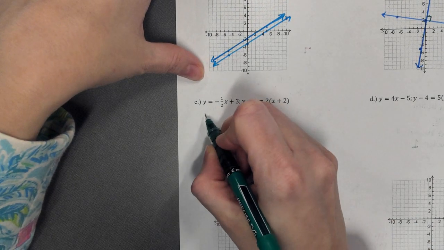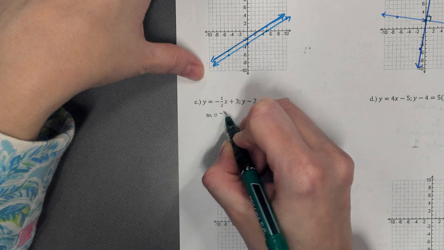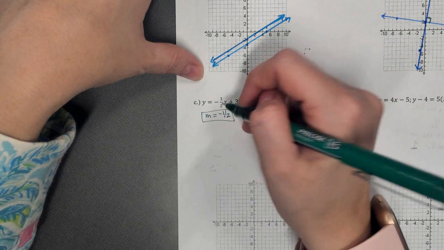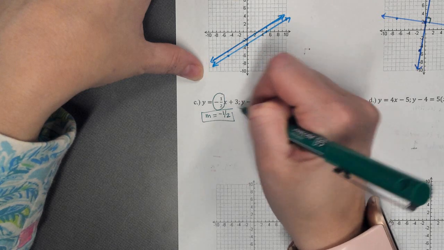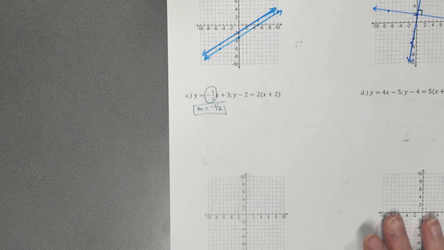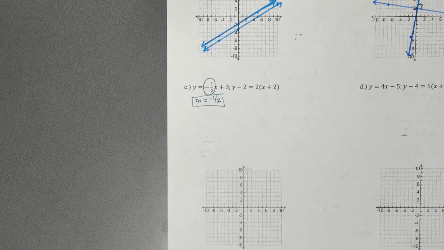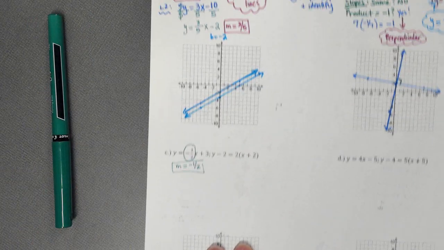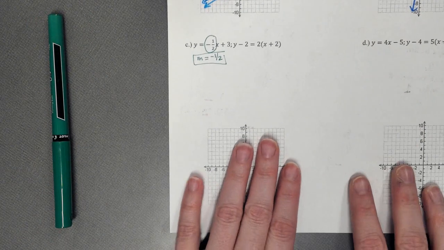So anytime you're trying to find the slope, you can always look in front of your x. Okay, so if it's in that form, y equals mx plus b, you can go ahead and do that right away. Now, because that's in the form y equals mx plus b, why don't we go ahead and graph that before we start the next one?